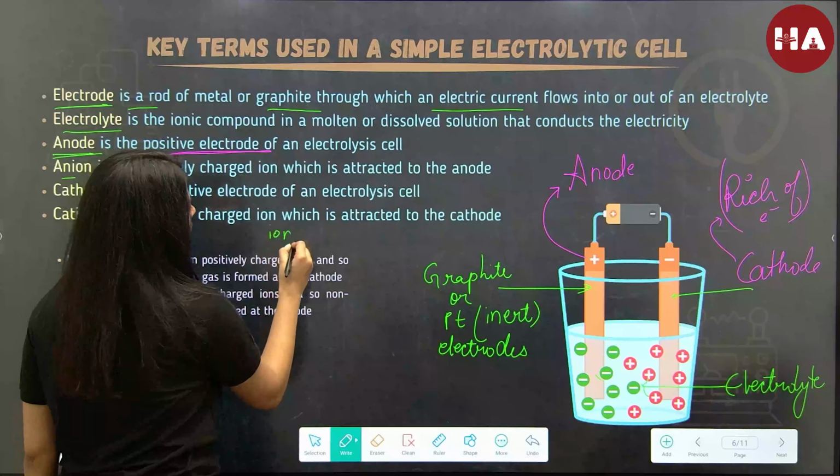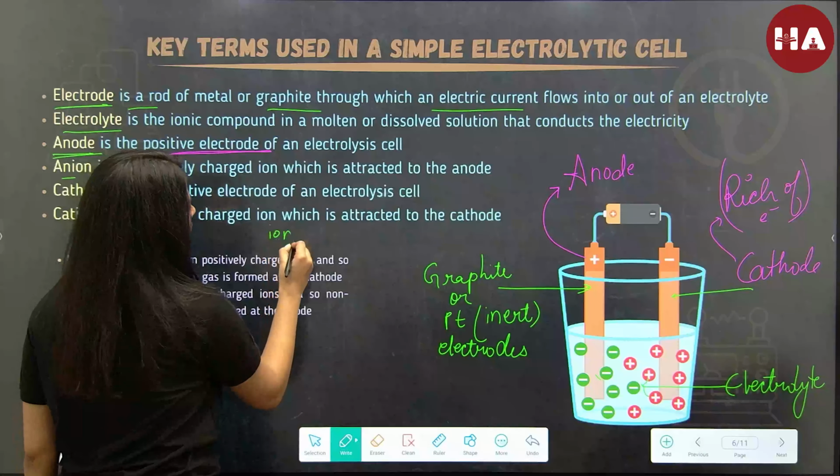Then anions are negatively charged ions, for example Cl-, fluoride F-, or Br- bromide. Okay, these are negatively charged ions and they are known as anions.